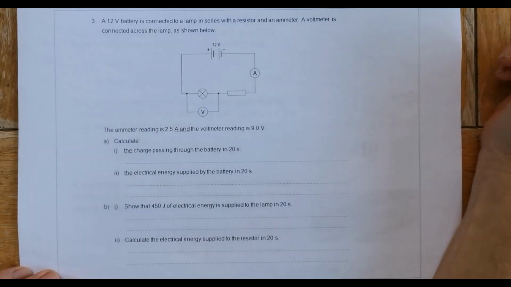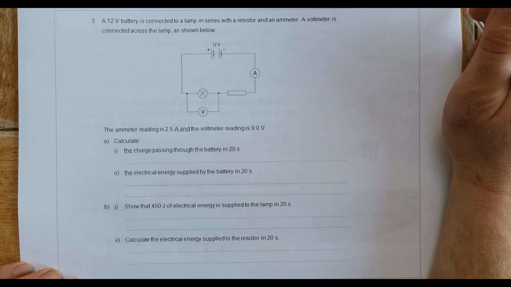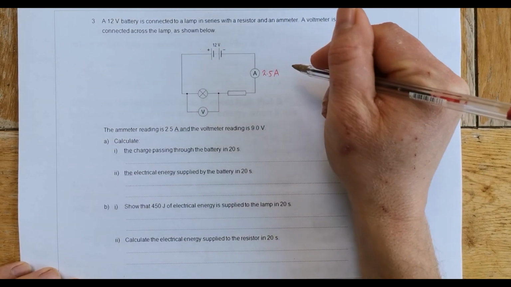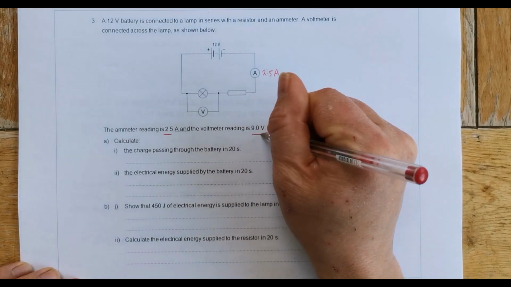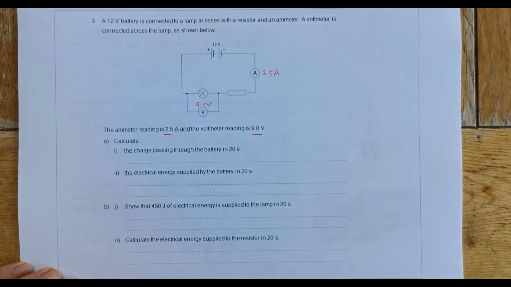A 12-volt battery is connected to a lamp in series with a resistor and an ammeter. A voltmeter is connected across the lamp as shown below. The ammeter reading is 2.5 amps and the voltmeter reading is 9 volts. Calculate the charge passing through the battery in 20 seconds.